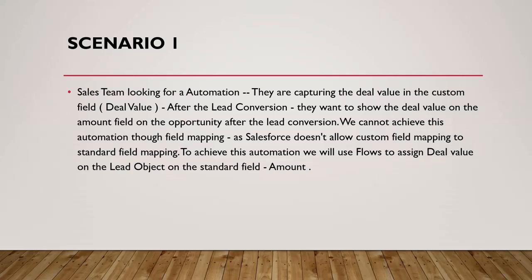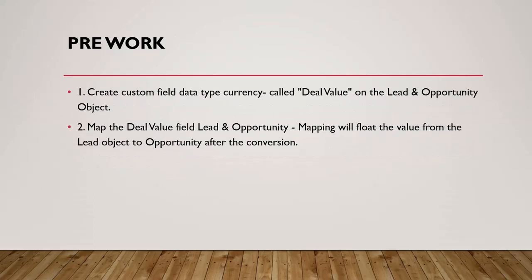So to achieve this automation, we will use flows to assign deal value on the lead object to the standard field amount on the opportunity object. So let's go and get started. So here is the pre-work that we have to do in order to build our flow. So I'll be creating two custom fields.